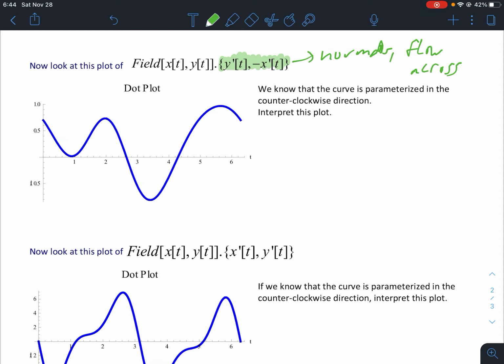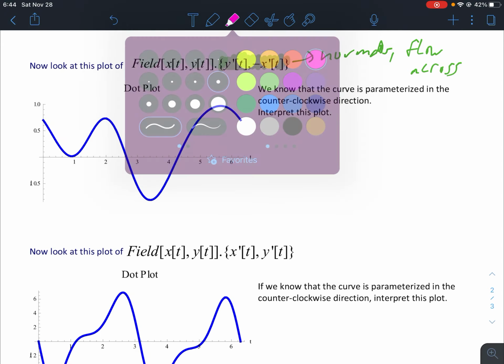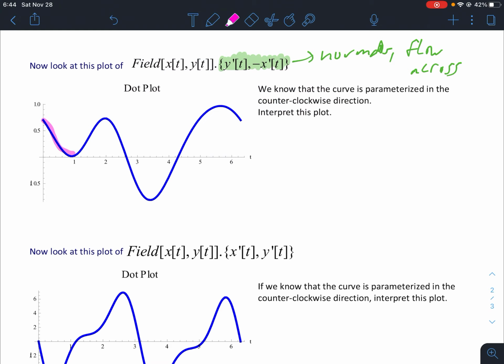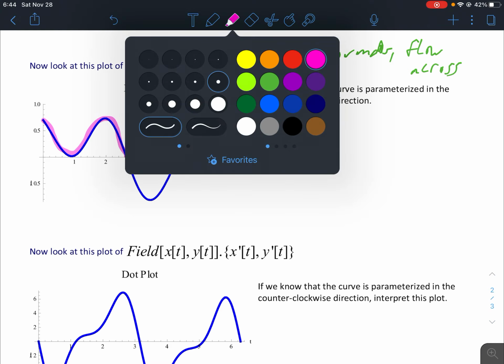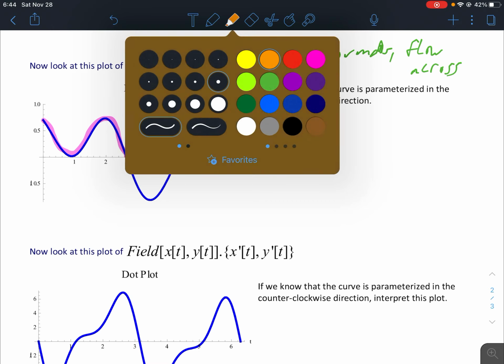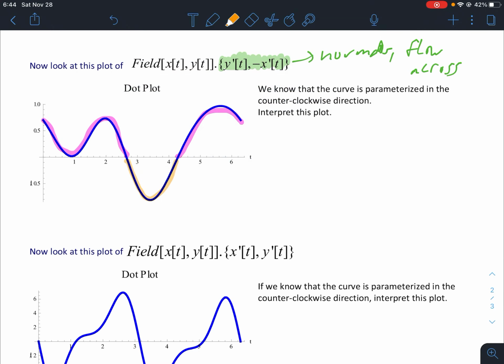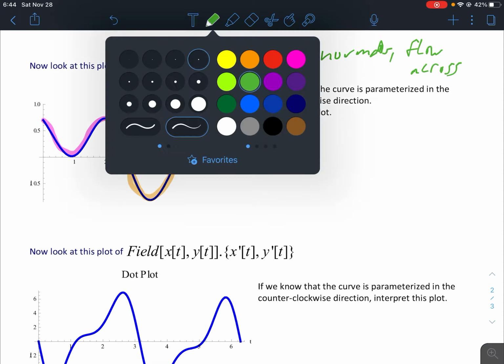We know that this curve is parameterized in the counterclockwise direction. That's just given to us here. So let's interpret this plot. The first thing we can see is where this graph is positive and negative. It looks positive in the 2 pink areas that I've highlighted, and then negative in the orange area that I've highlighted.